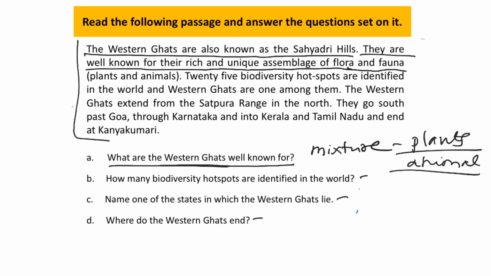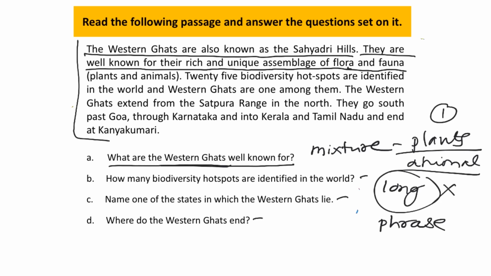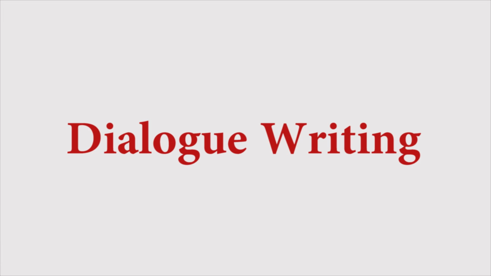So, Western Ghats are known for flora and fauna. If you write flora and fauna, you will get 1 mark. So, please remember the questions here demand not long answers. You can just write a phrase. You can just write a word. You can just write a sentence.